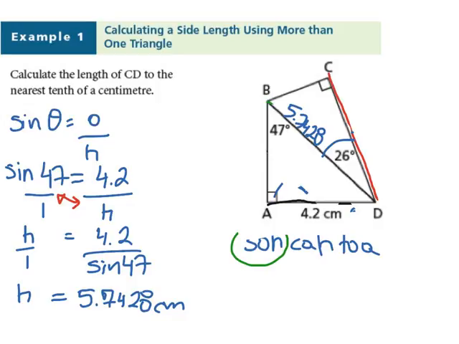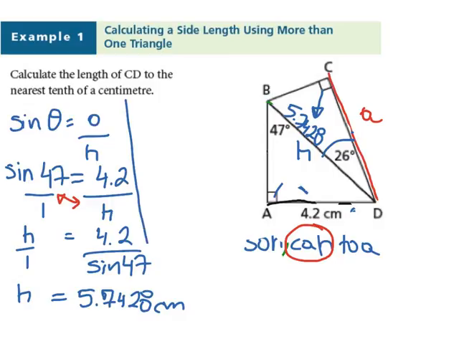We know that 5.7428 is the hypotenuse of this triangle because 90 degrees is looking at it. And the red line, the CD, is the adjacent side of the triangle. So now instead of sine, we're going to use cosine to find line segment CD, because we're looking for the adjacent and we have the hypotenuse of this triangle.